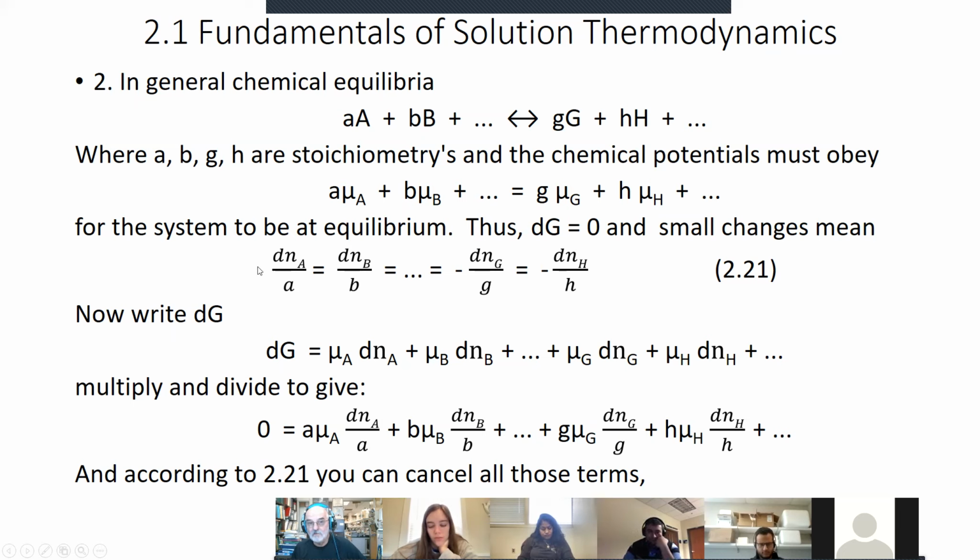If this is 1 to 1, then they're just all equivalent. If it's 2 to 3, then you have to account for the fact that 2 molecules react with 3 molecules to make these all equivalent.